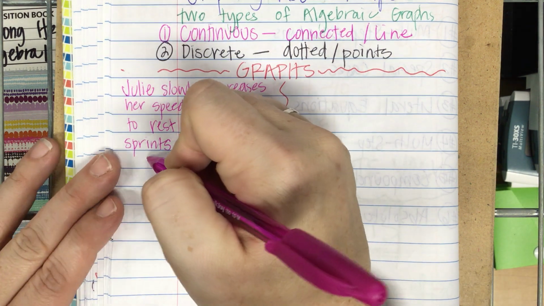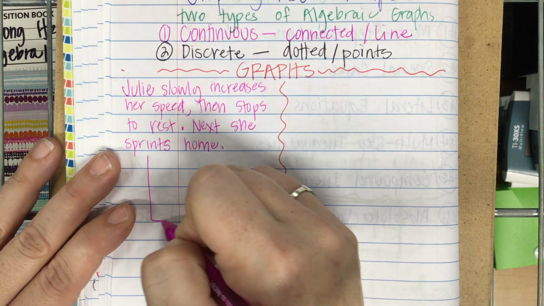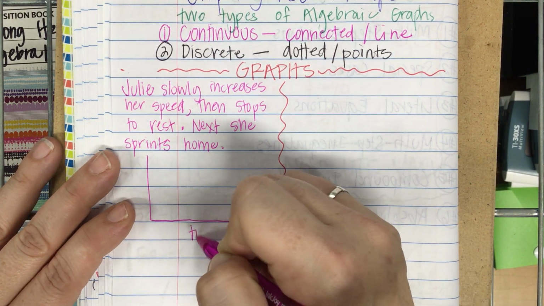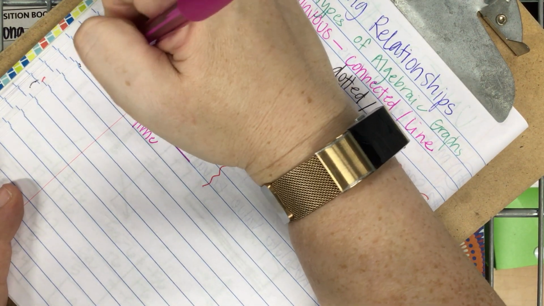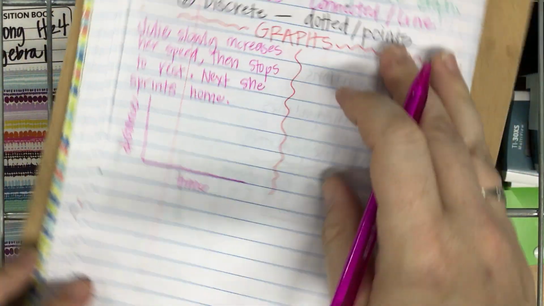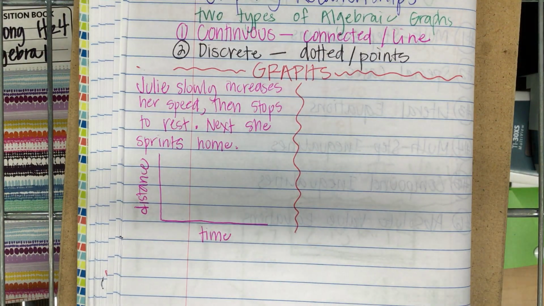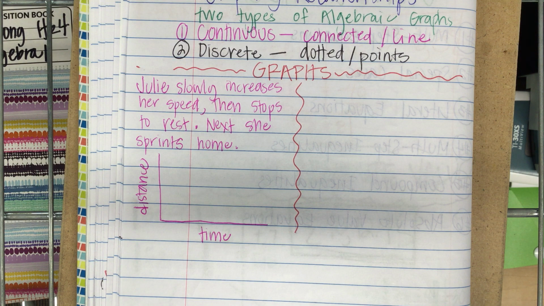I'm going to measure this with time and with distance. You have to think about your labels because there are two possible scenarios from this. You could do time and speed, or you could do time and distance from home.